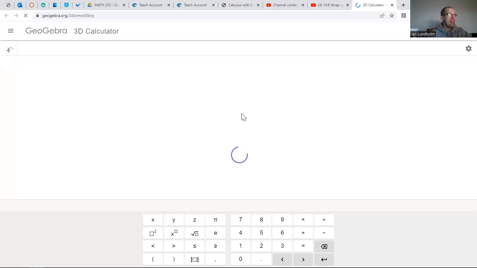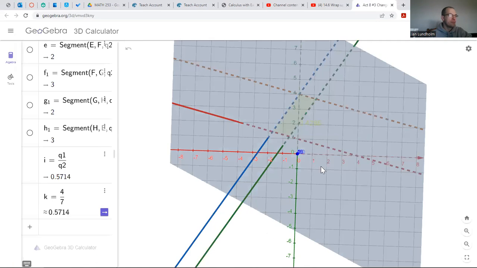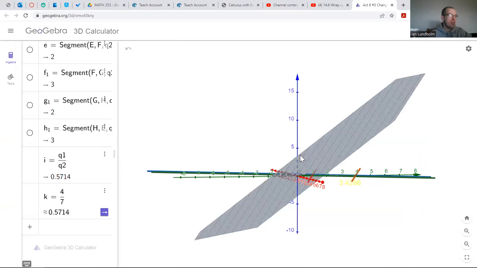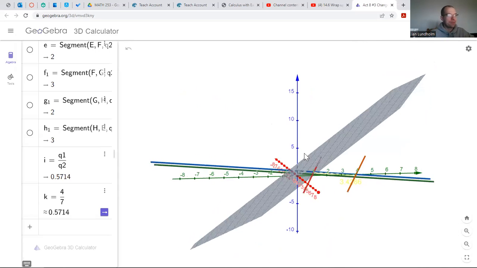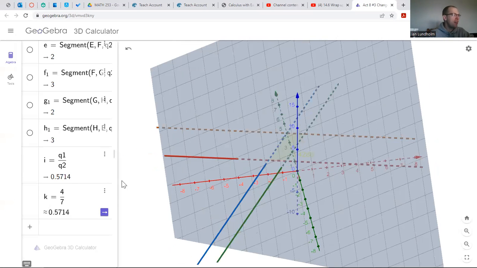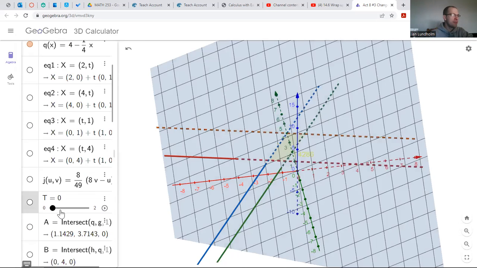Real quick, I don't know that this is going to help a ton at this point, but we have our bounds there in slanty stuff.